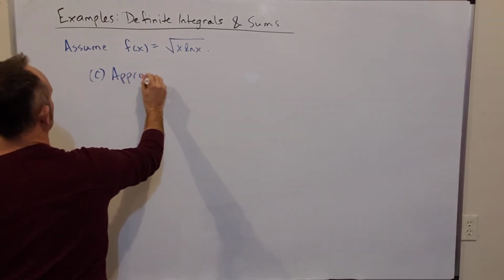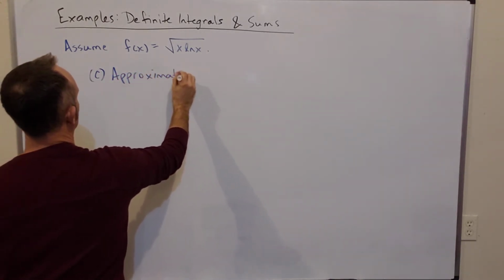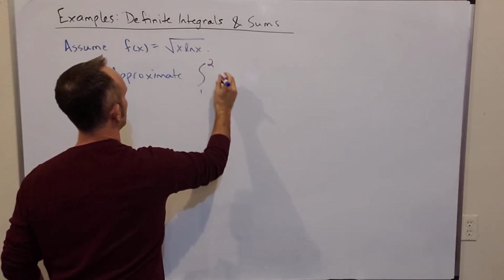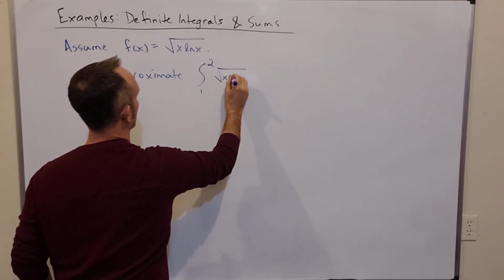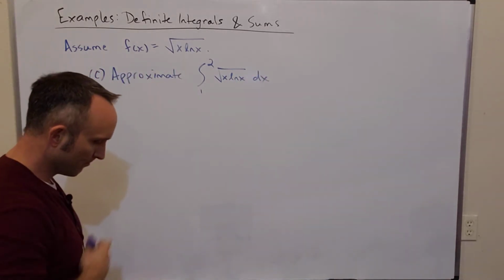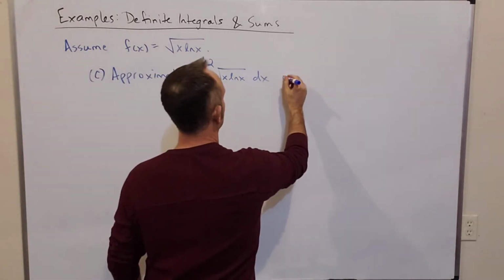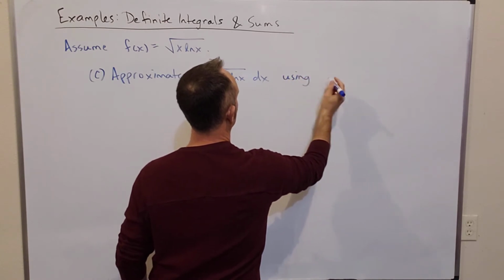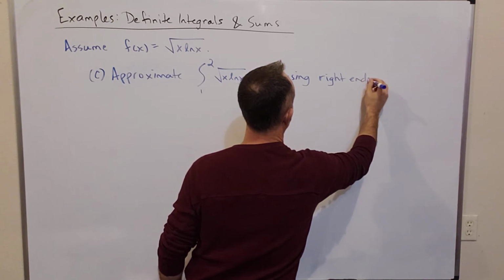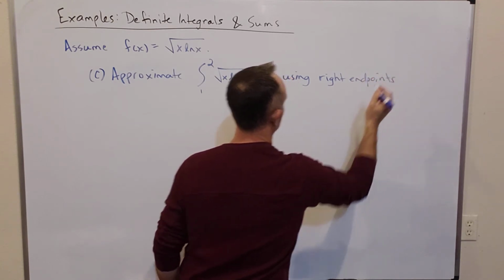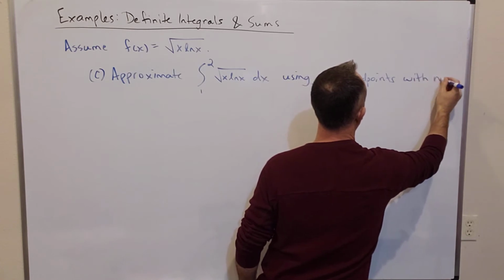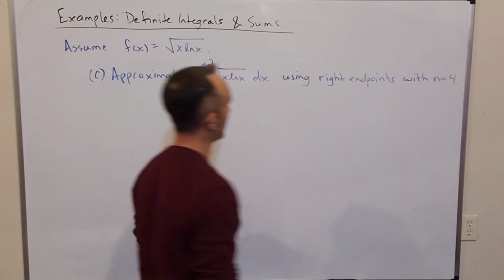Approximate the definite integral from 1 to 2 of the square root of x times the natural log of x dx using right endpoints with n equals 4.